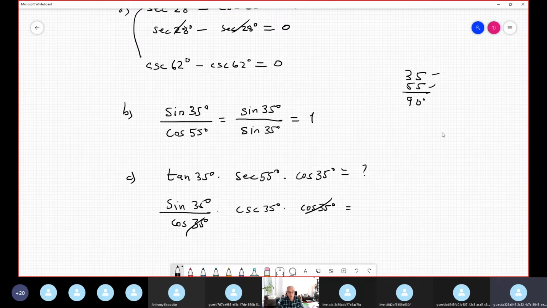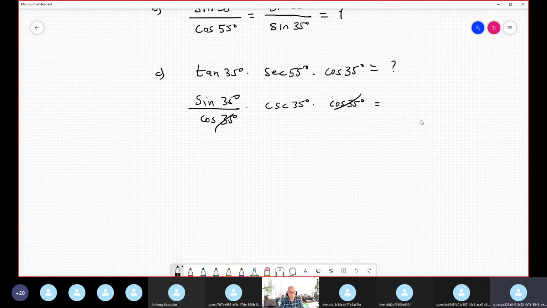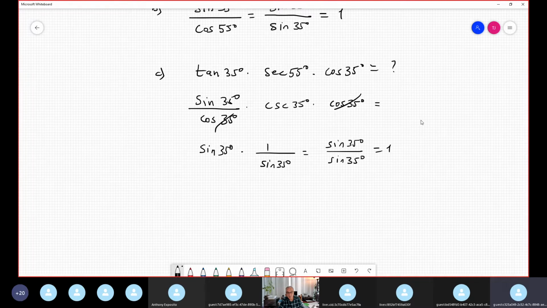Sine divided by cosecant. I know that cosecant is the reciprocal, no? So sine 35 degrees, multiplication by the reciprocal, is sine 35 degrees divided by itself. The answer is obvious, 1.